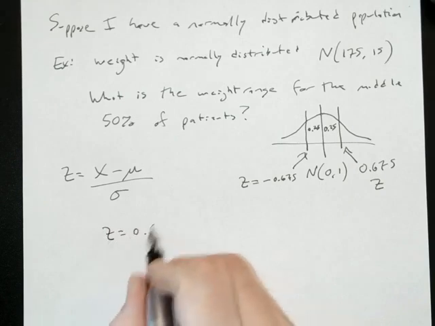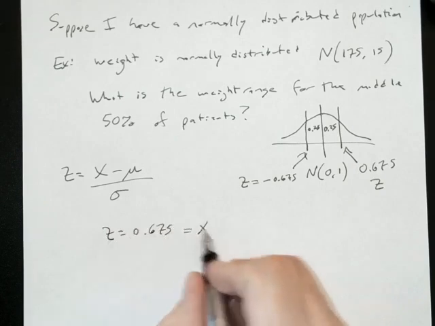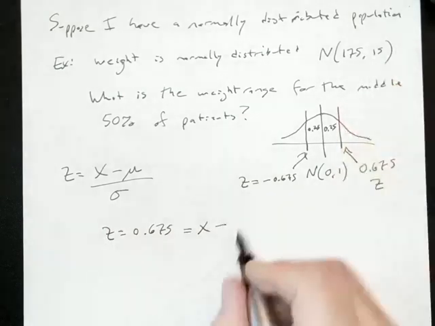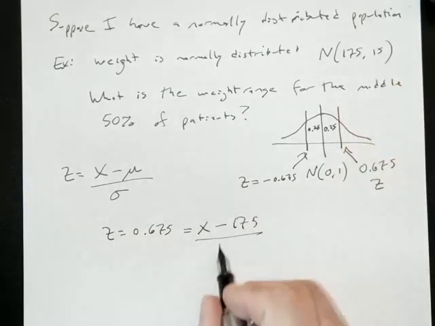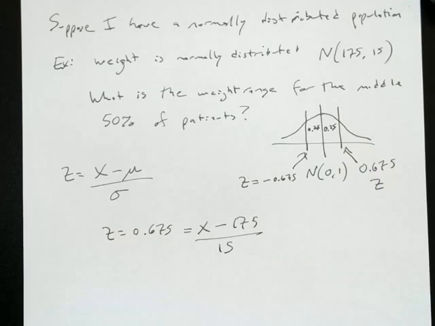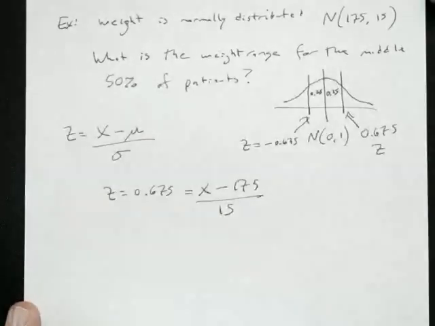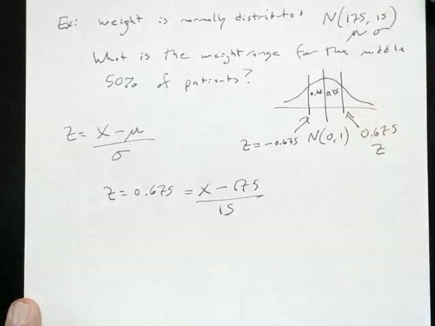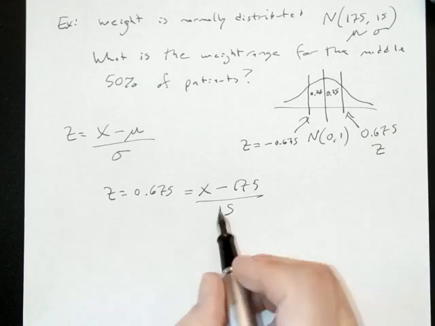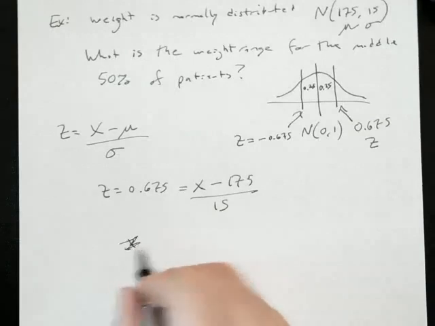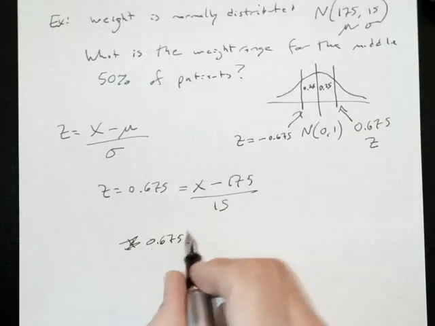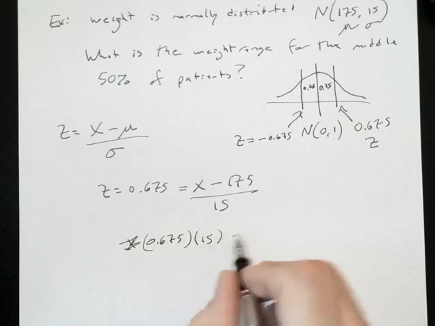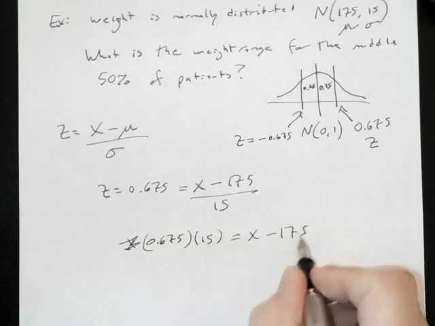If Z is 0.675, that's X minus the average over the standard deviation. Because I got those numbers from right here. Mu, sigma. Great, now I can work out what X is. Multiply the 15 over: 0.675 times 15 is X minus 175.